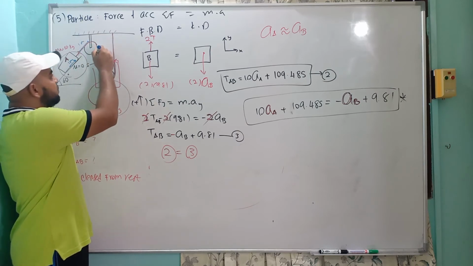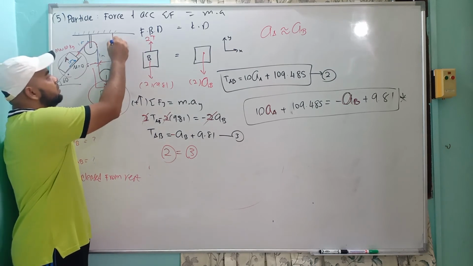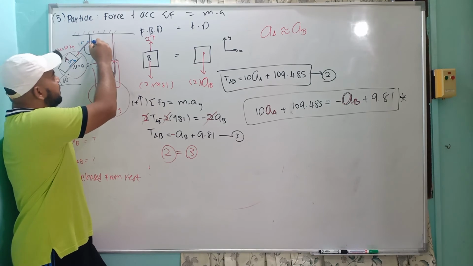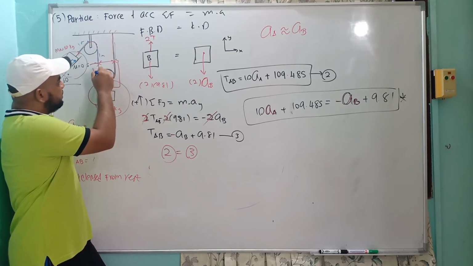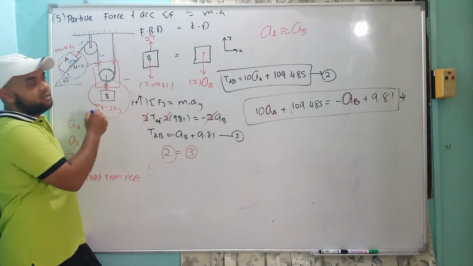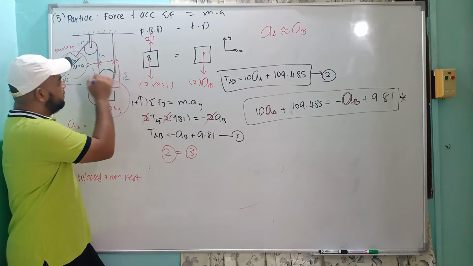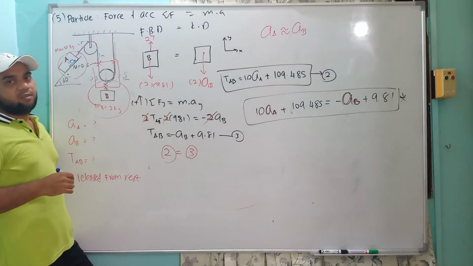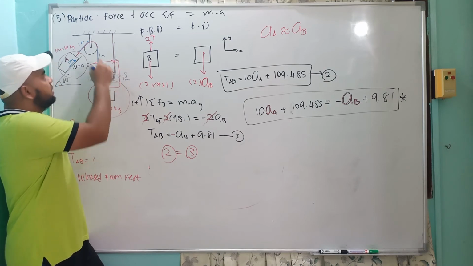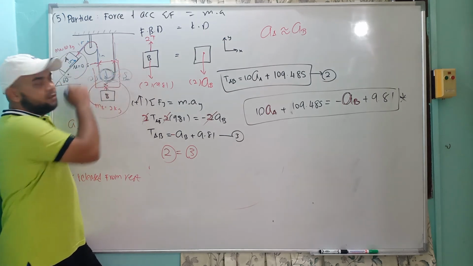Here also 1 meter, and here 1 meter. But these two share the movement, 0.5 from here and 0.5 from here. Meaning if this component moves 1 meter, it will only go down 0.5 meter.